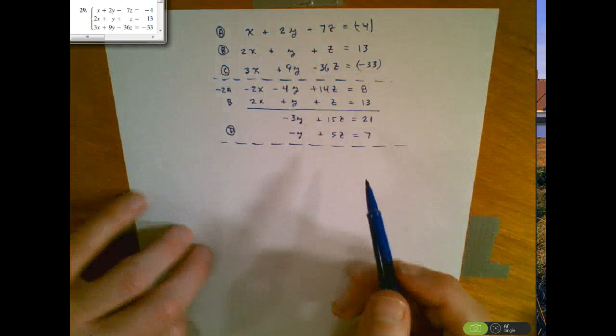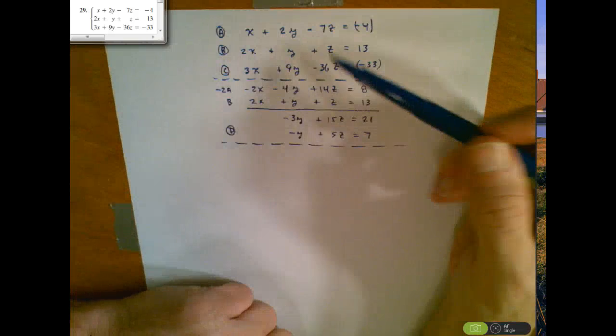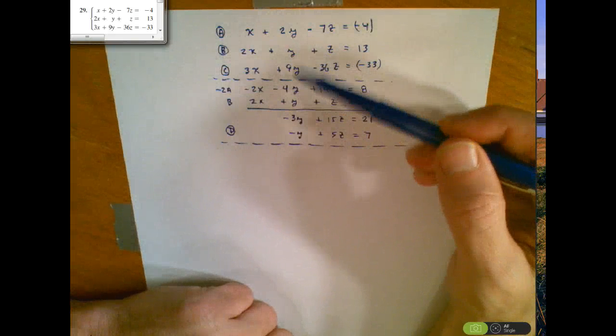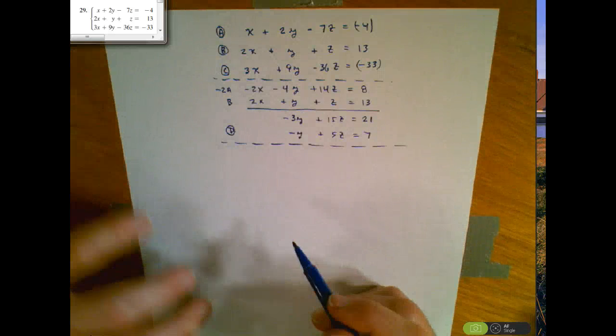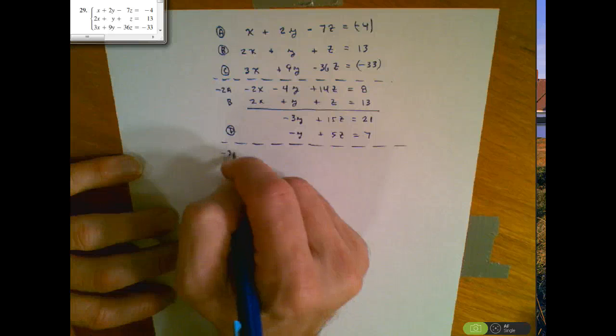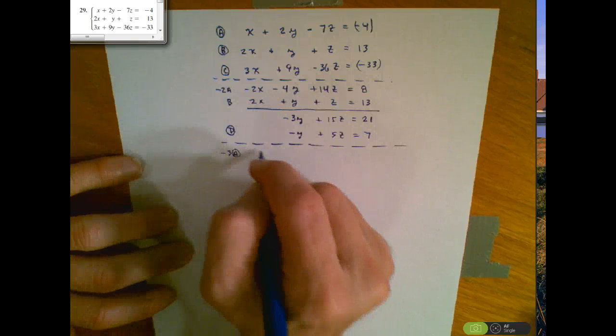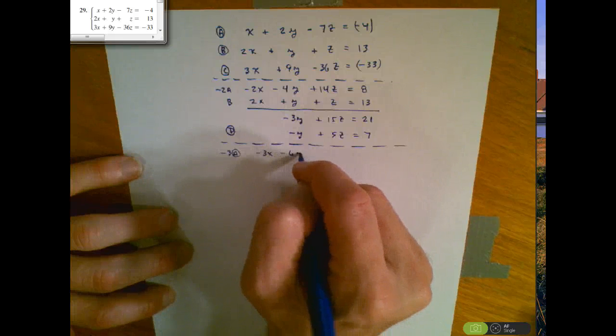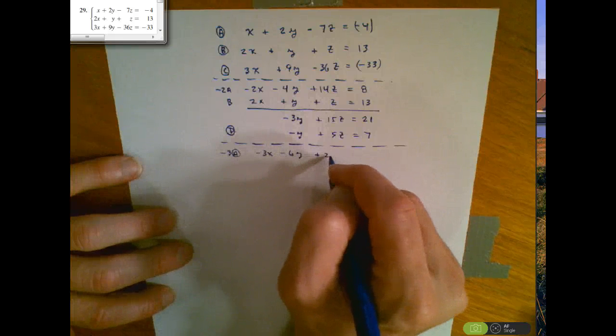So now let's eliminate another variable if we can. I'll look at equations A and C, and again I could develop another equation by multiplying equation A by -3. So I'm going to say -3A, and I'll rewrite that as -3x minus 6y plus 21z.